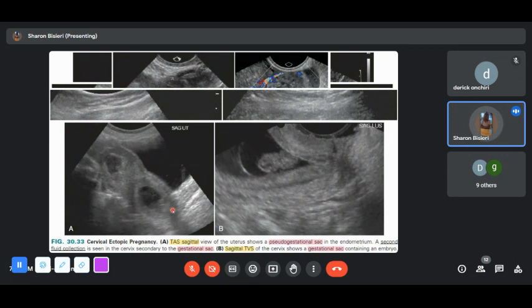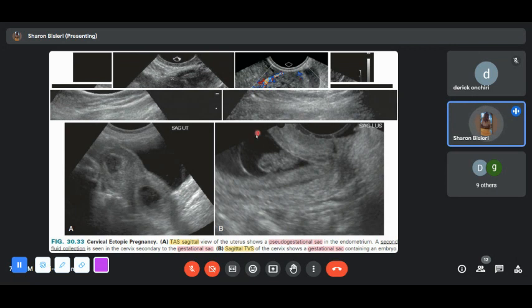As you go further towards the vaginal canal, we can make out the second anechoic structure. To better visualize these two structures, they did a transvaginal ultrasound.